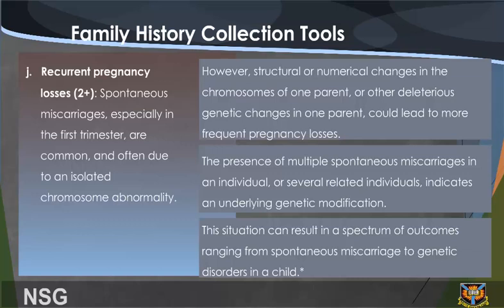The presence of multiple spontaneous miscarriages in an individual or several related individuals indicates an underlying genetic modification. This situation can result in a spectrum of outcomes ranging from spontaneous miscarriage to genetic disorders in a child.